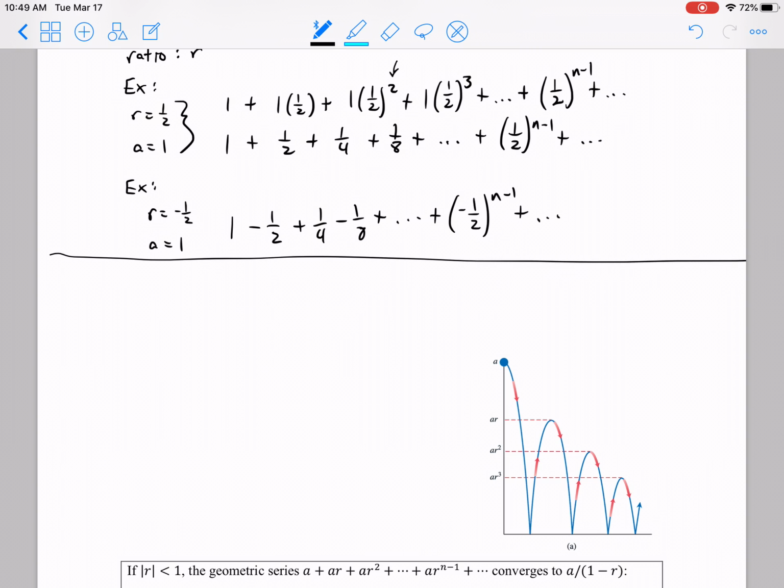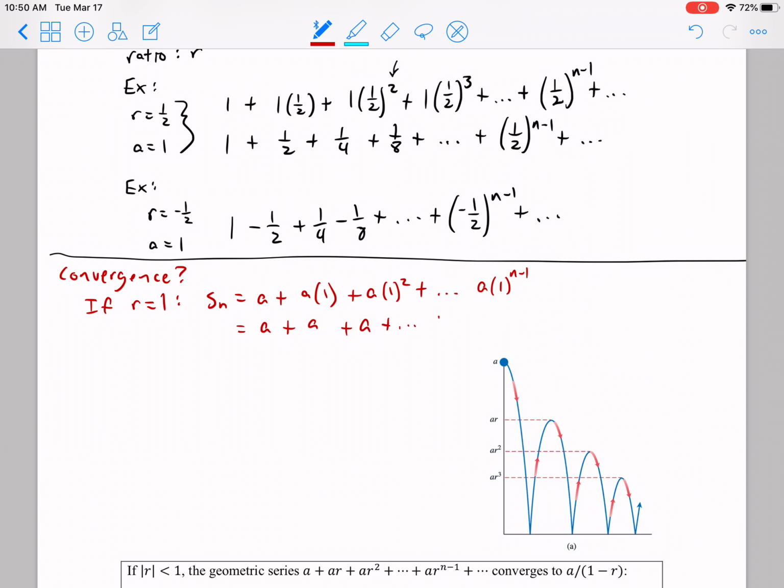Basically here, if r equals 1, then our summation, Sn, is equal to a plus a times 1 plus a times 1 squared plus dot dot dot a times 1 to the n minus 1, and that's just going to be a plus a plus a plus dot dot dot plus a, and that's going to be n times a.